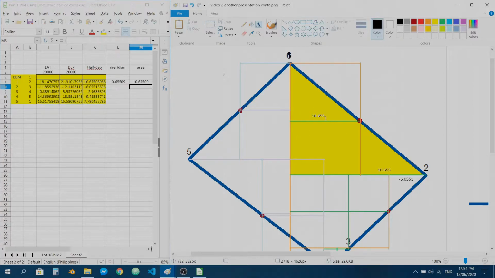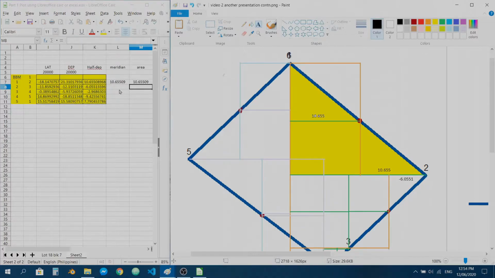So again, to get the meridian, we add this one, this is the last point, and then we subtract this, the half depth, to get the distance from the meridian up to the common vertical axis.